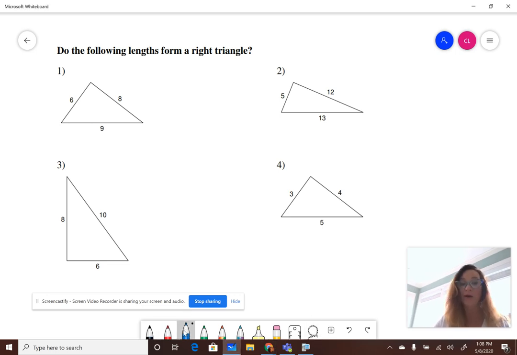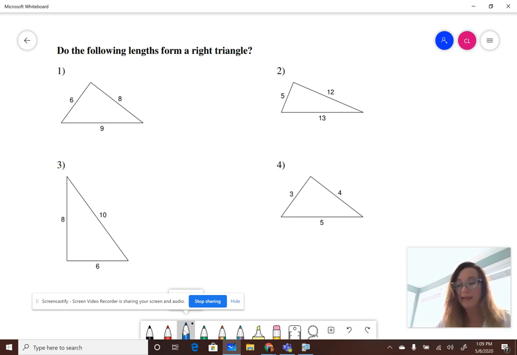Okay, so first type of question. This is called using the converse. The converse basically switches that Pythagorean theorem statement. So we're saying if the sum of the squares of the legs is equal to the square of the hypotenuse, then yes, this is a right triangle.